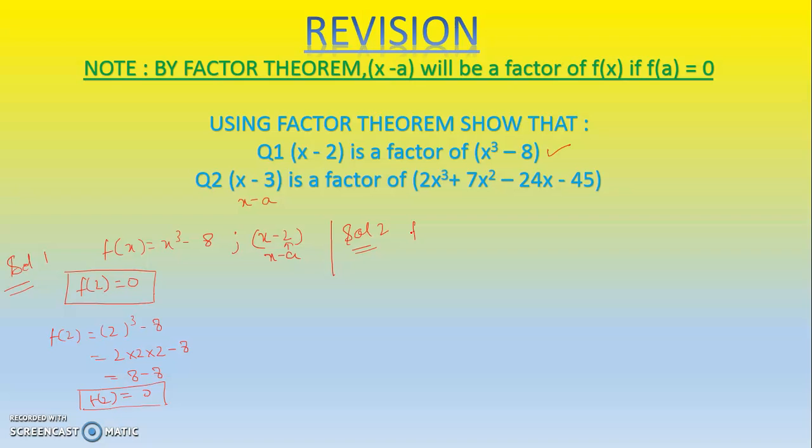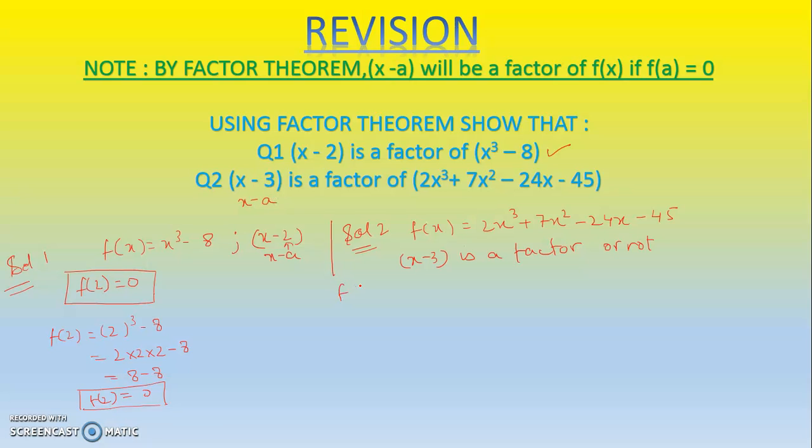So f(x) is equal to 2x cube plus 7x square minus 24x minus 45. You have to check whether x minus 3 is a factor or not. So what is the value of a? Compare this. See, written here x minus a, so a is equal to 3.